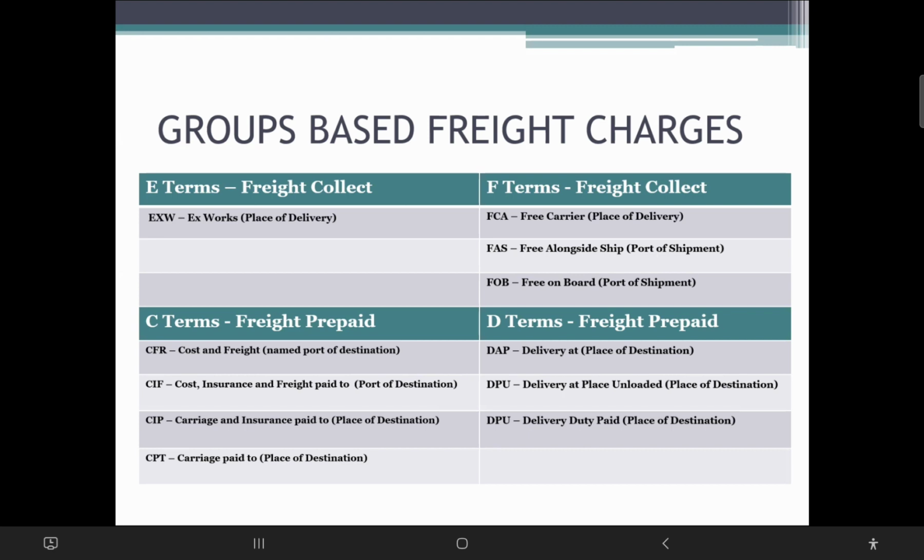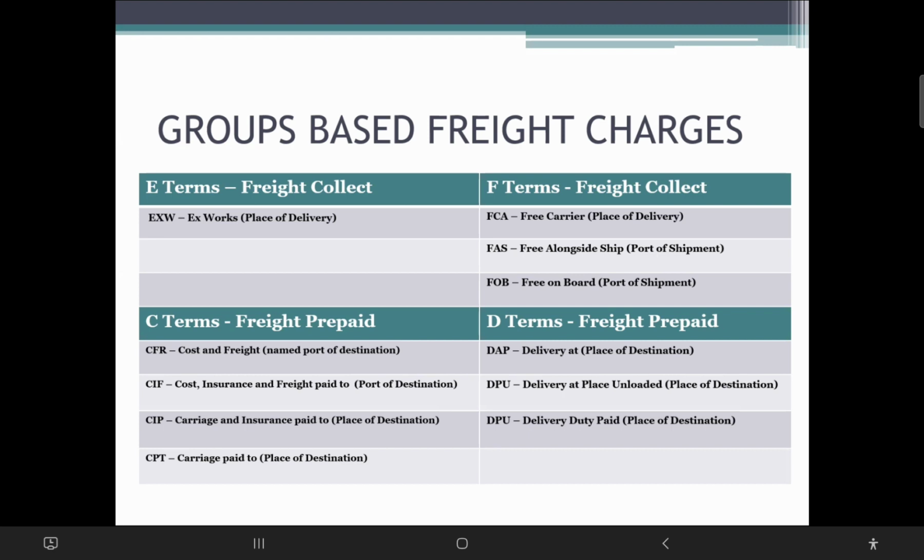I'll tell you why we have to remember the F terms. Then C terms: CFR, Cost and Freight; CIF, Cost, Insurance and Freight; CIP, Carriage and Insurance Paid To; and CPT, Carriage Paid To. And then the D terms: DAP, Delivered at Place, and DPU, Delivered at Place Unloaded.